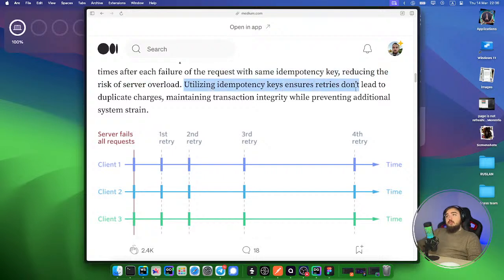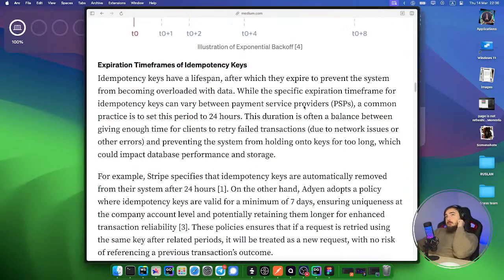Utilizing the key ensures retries don't lead to duplicate charges, maintaining transaction integrity while preventing additional system load. Expiration timeframes of idempotency keys: they have a lifespan after which they expire to prevent the system from becoming overloaded with data.